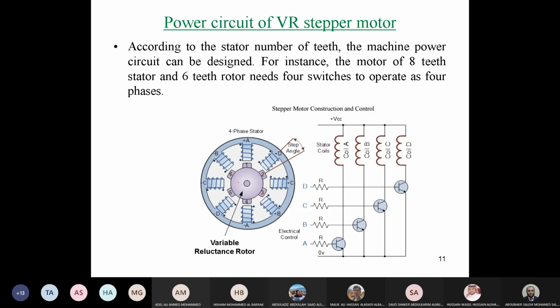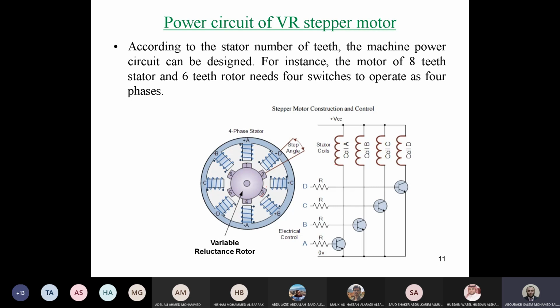For the 8 stator teeth, we assume 2 opposite teeth share 1 coil. So we now have coils A, B, C, D. How can we make a circuit in order to move this type of motor?